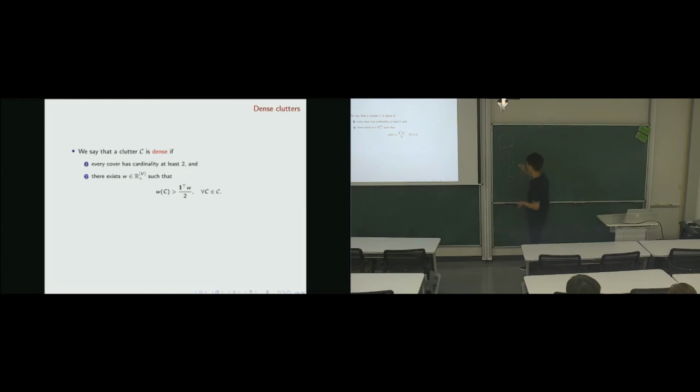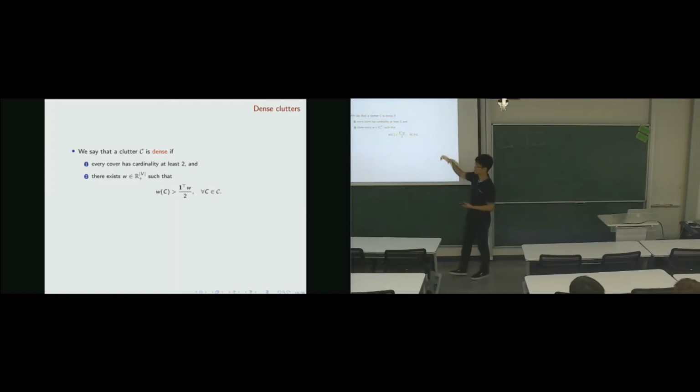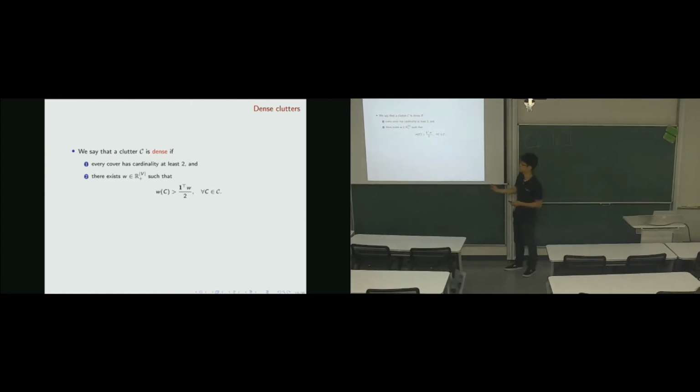Which means that if you look at the incident matrix, there's a column of all ones. Now you can simply ignore this column by contracting it. So you can assume that every cover has cardinality at least 2 easily.